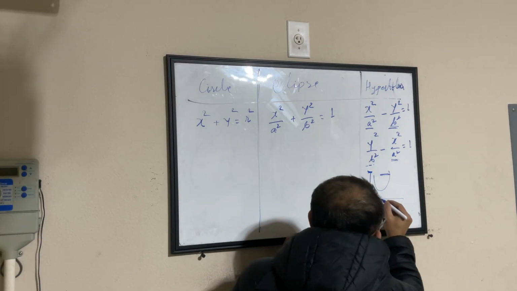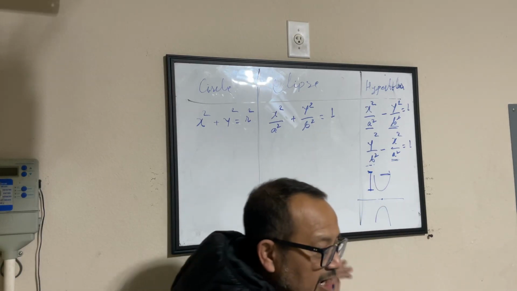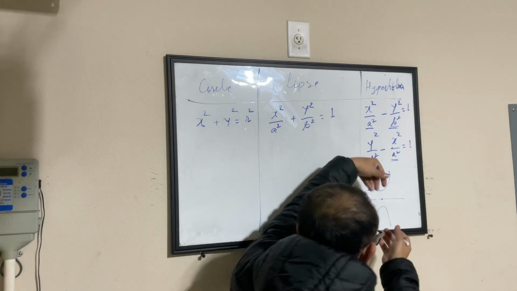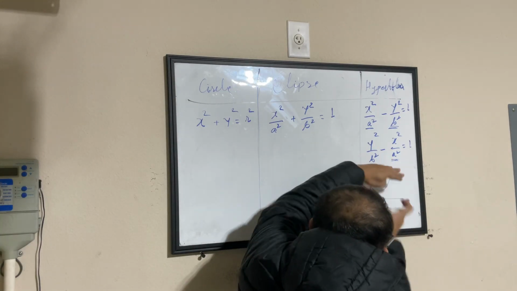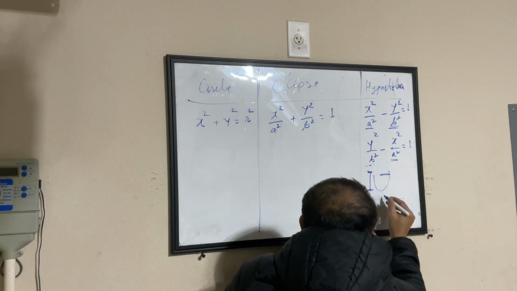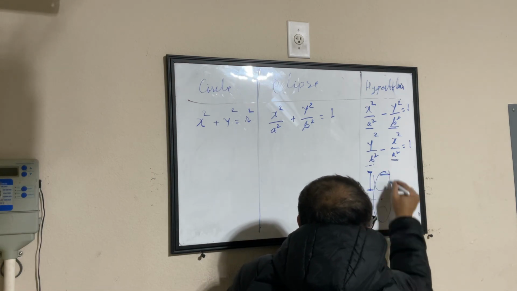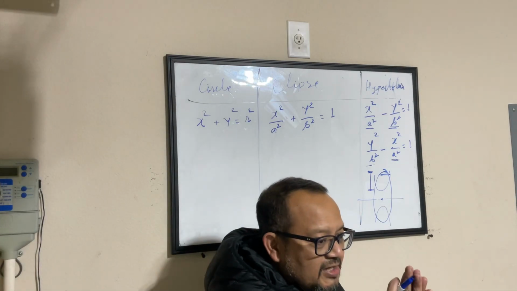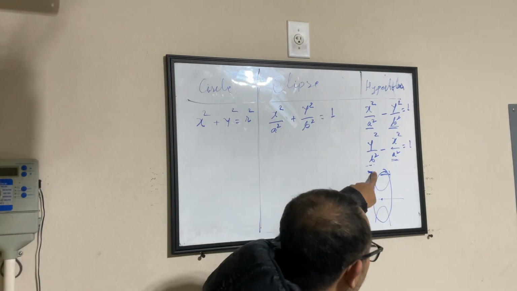And interestingly, the center is here. Hyperbola has its center outside. So basically what's happening is, if you try closing it, it will become shaped like this. So that's why the center is here, but we are looking at it with it being cut open. That's why you are seeing this.